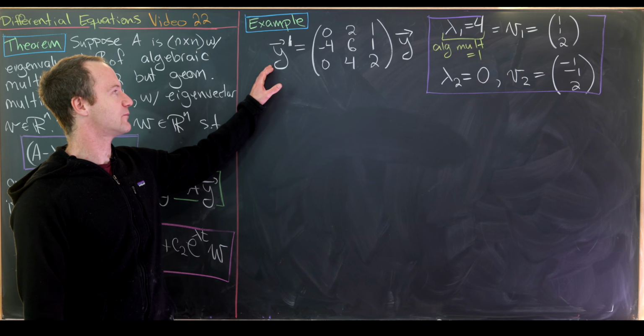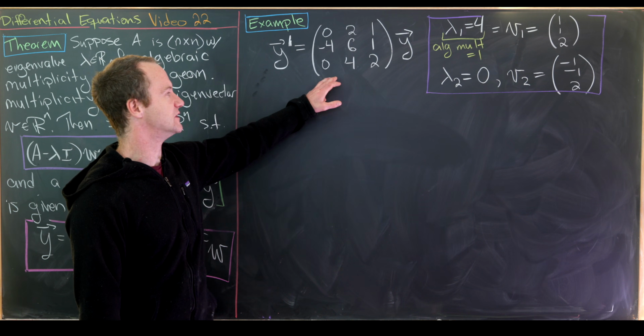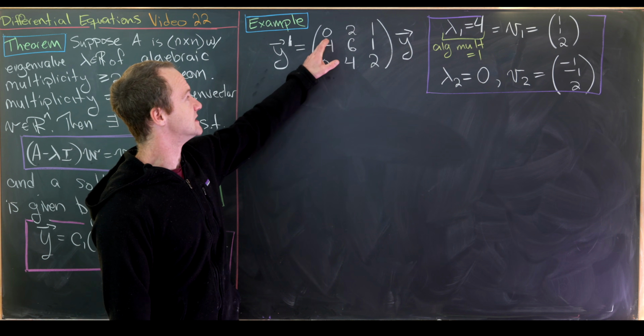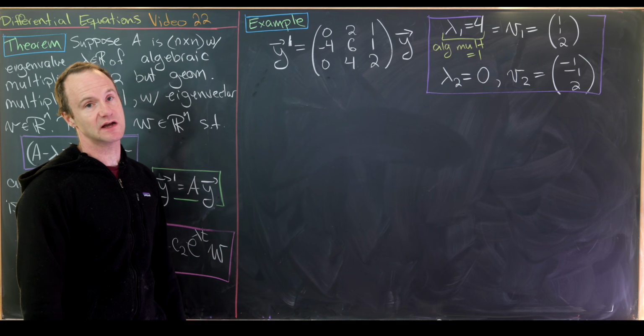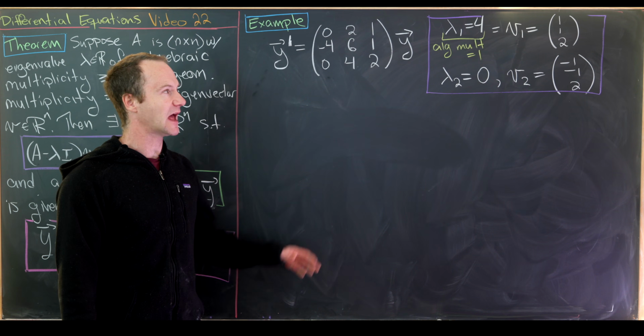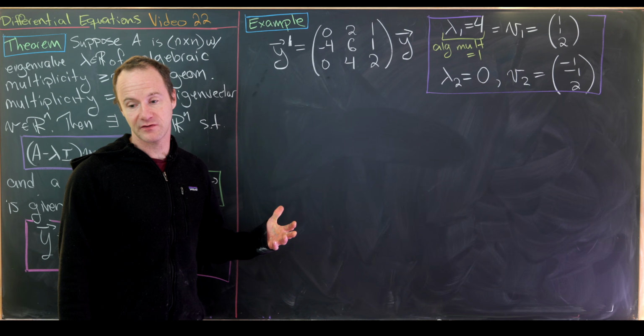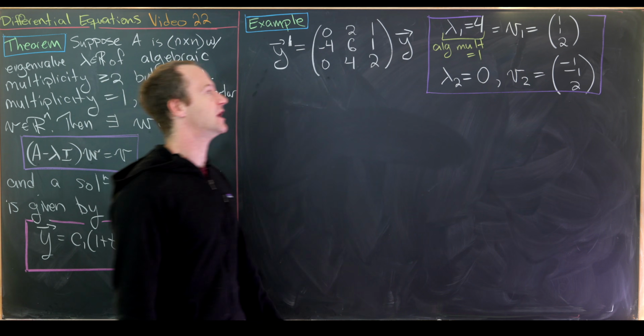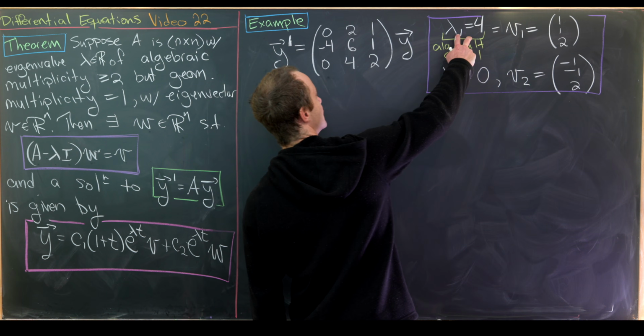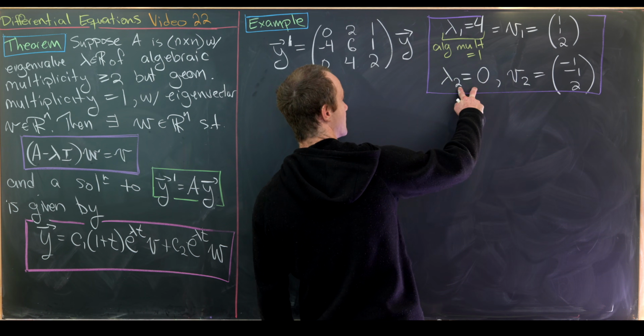So we've got y prime is equal to this 3 by 3 matrix, 0, 2, 1, negative 4, 6, 1, and 0, 4, 2 times y. And I won't calculate this. In fact, you should be practiced up on this from the previous video, but you can calculate the eigenvalues are 4 and 0.